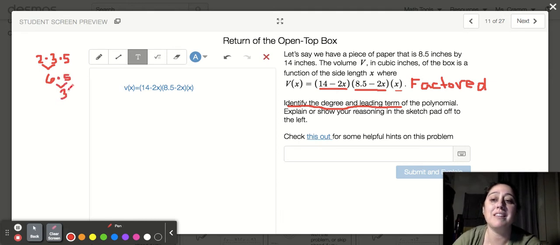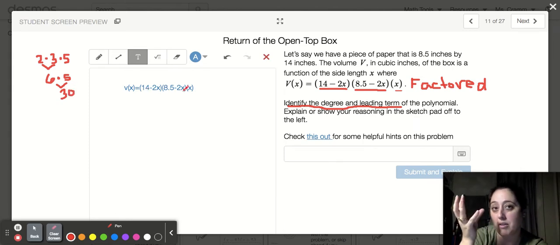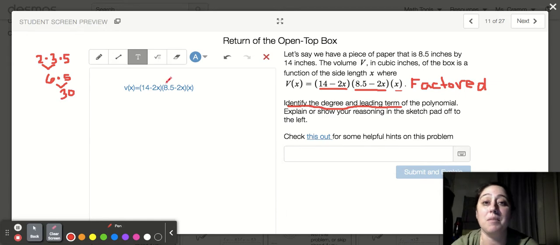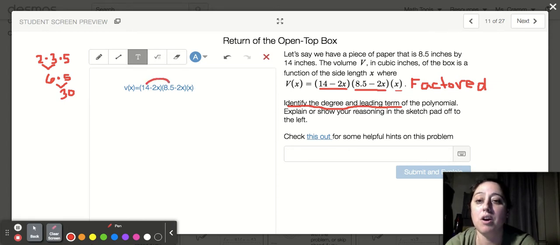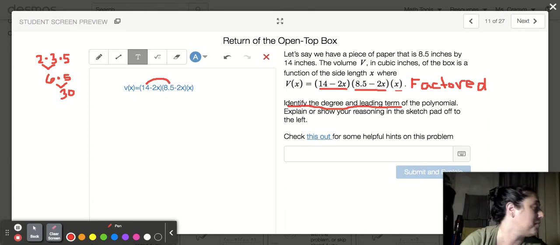So I'm using that same concept: I've got 3 factors, all in their own parentheses, and I'm just going to multiply 2 of them first. So I'm going to do the first 2. If you want to do some different order, great, go for it. All right, so 14 times 8.5. Let me get my calculator.